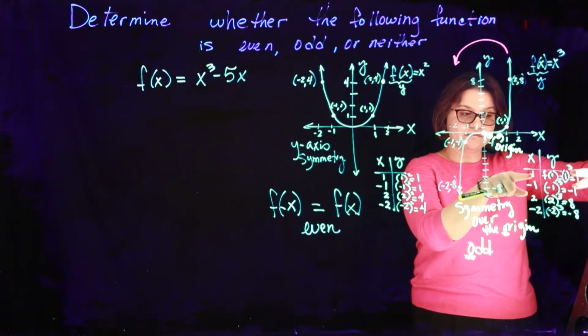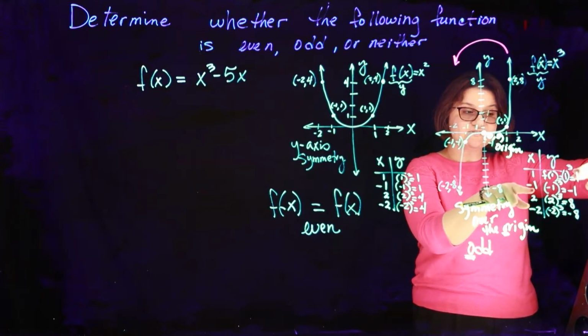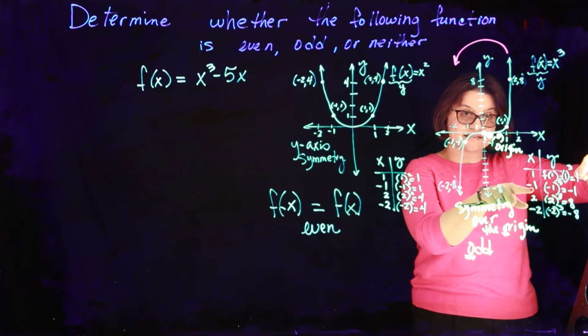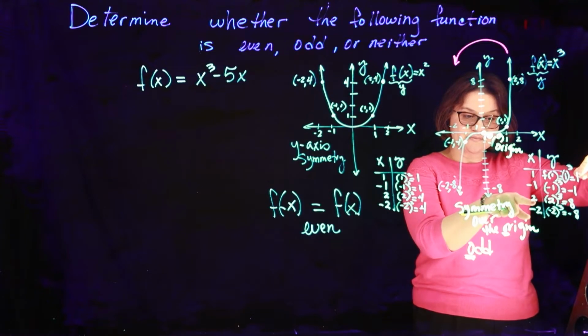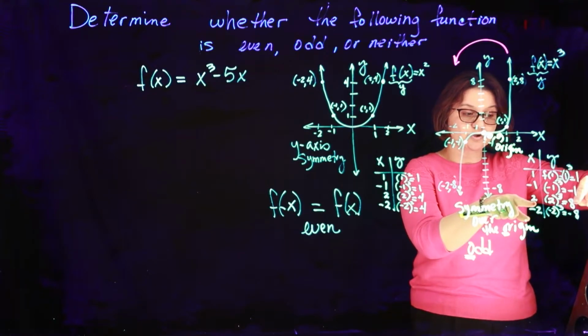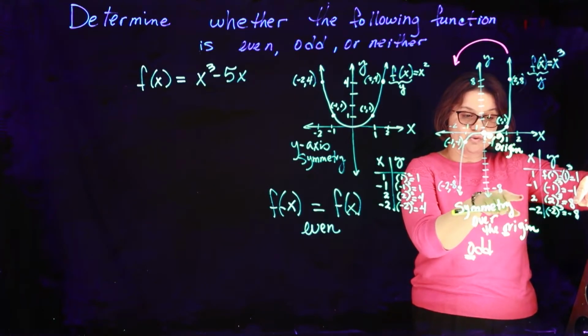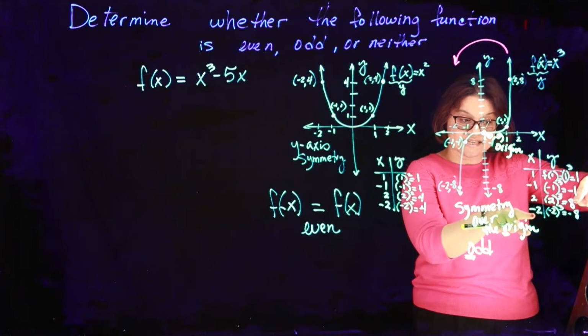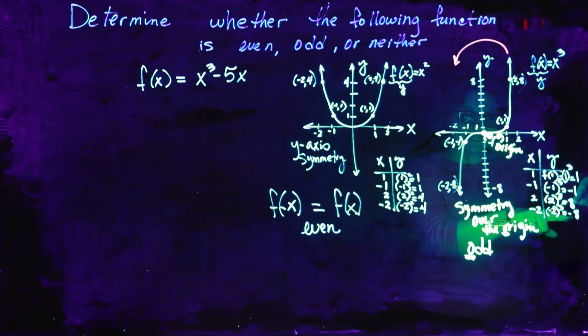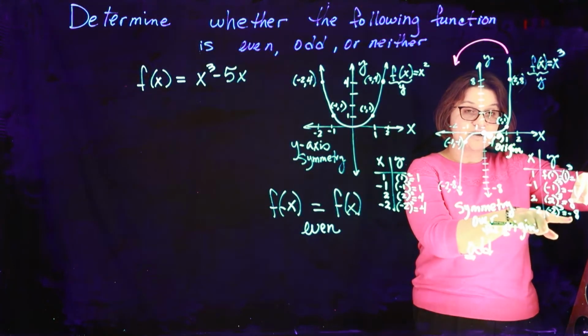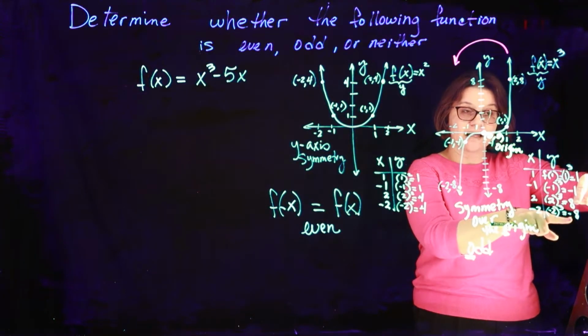A positive gives me a positive. A negative gives me the opposite of the positive. When I substituted 2, my result was a positive 8. But when I substitute x that's negative, my result is the opposite of the original 8, of the original output.